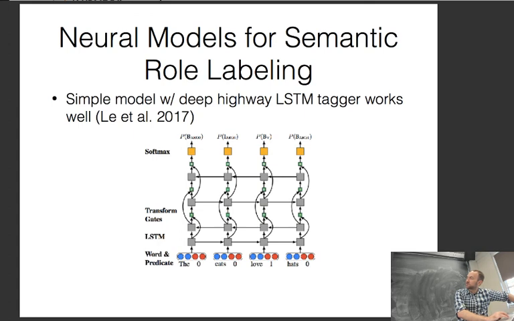So it's all the words in the sentence, and then the predicate gets a binary variable 1 that basically says this is the semantic role that I'm looking to label, and then it just outputs tags that are beginning of argument 0, in argument 0, to the end of argument 0, then beginning of argument 1 all the way to the end of argument 1. So it's a super simple model. I believe it doesn't even have a CRF or anything on top of it, but it works pretty well.